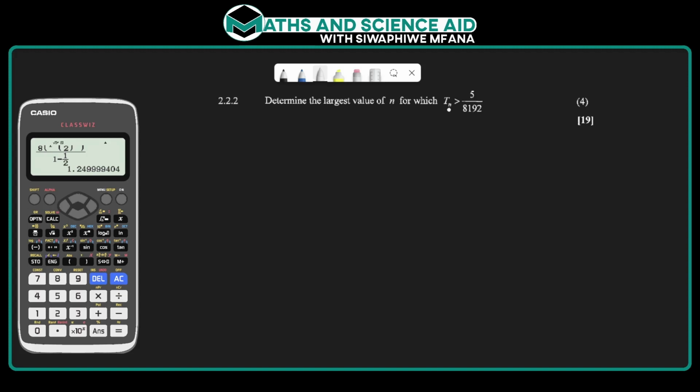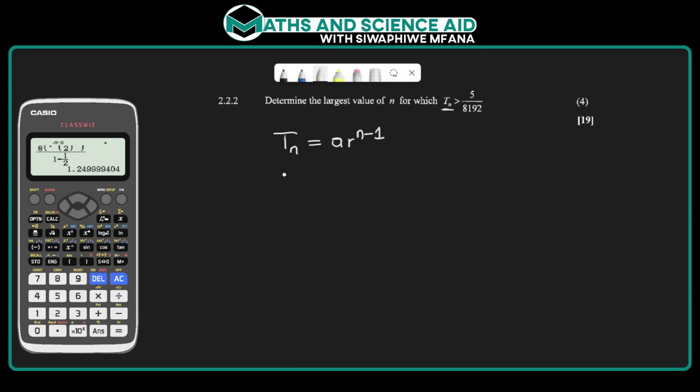And in order for us to be able to do that, it means that we need to start by working out the general term Tn for our geometric sequence. And so the general term for a geometric sequence is always given by Tn is equal to a r to the power of n minus 1.